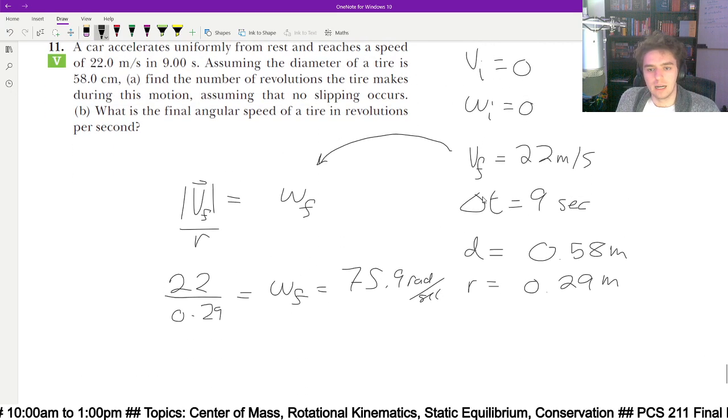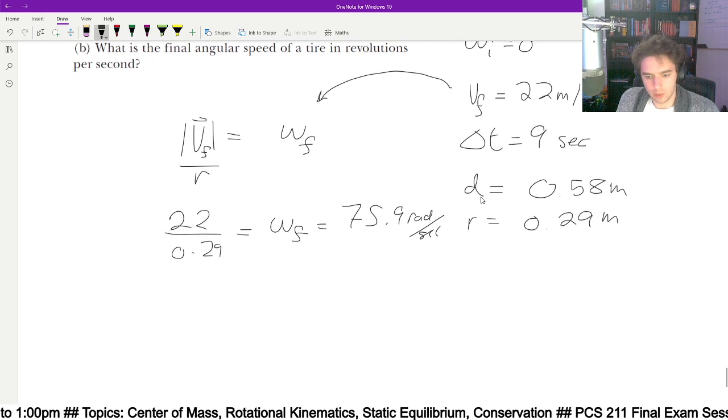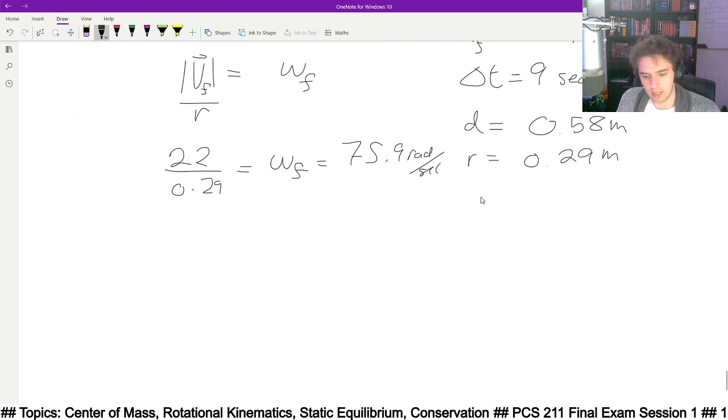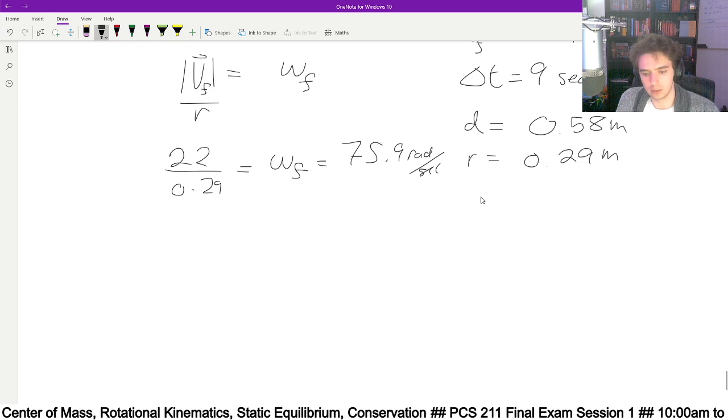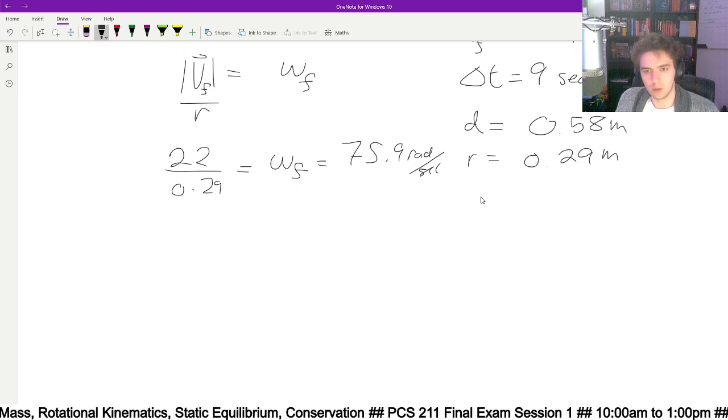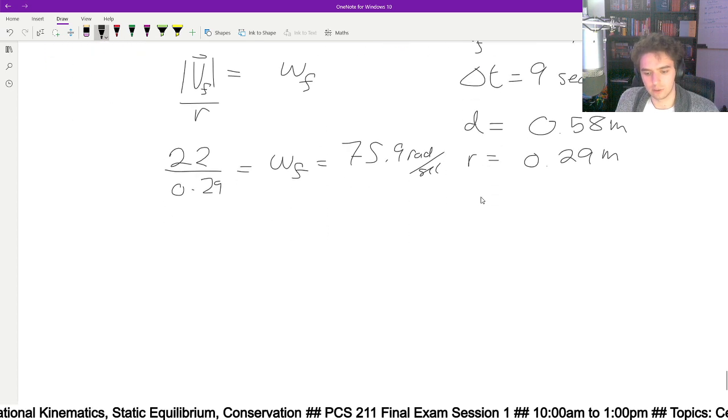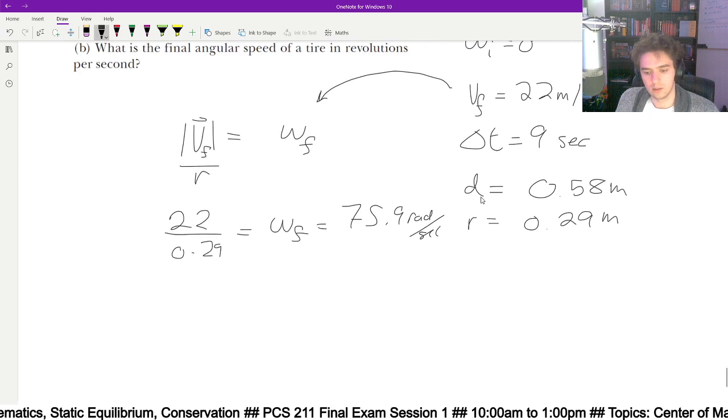Okay. So now we know omega F. Delta T we know, so let's look at our equation. We're searching for delta theta, and we don't know acceleration either, so I have to use this one.